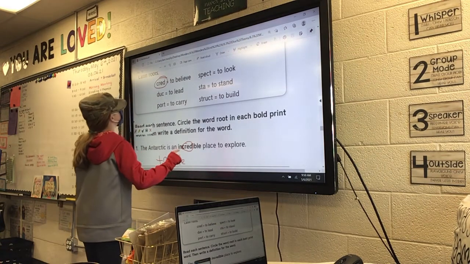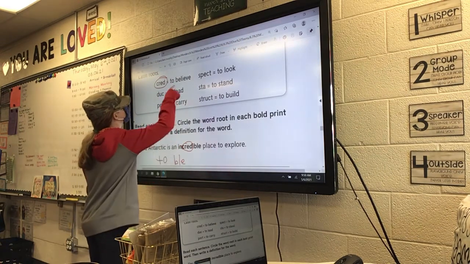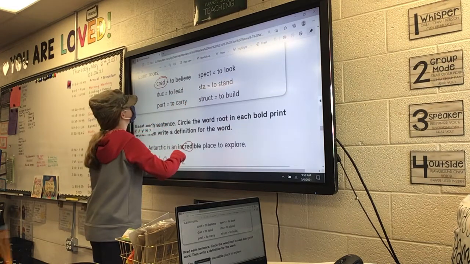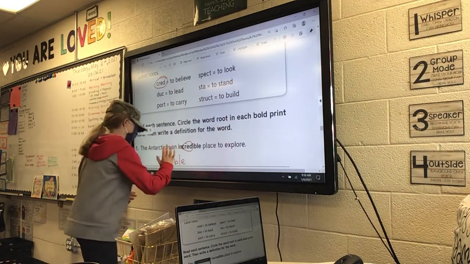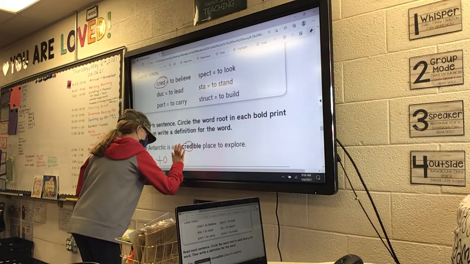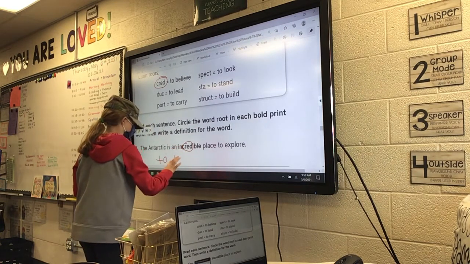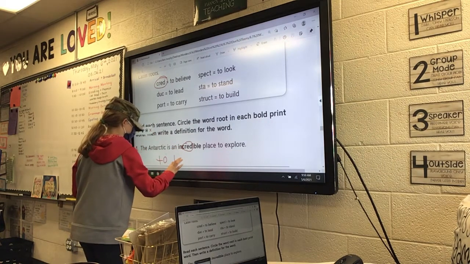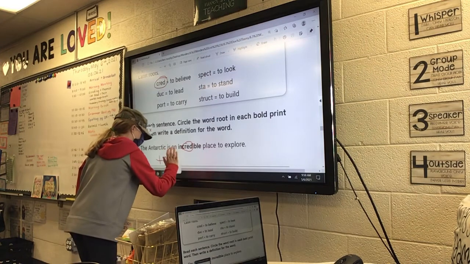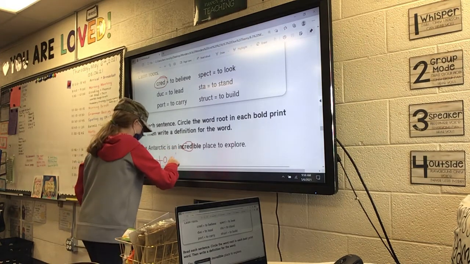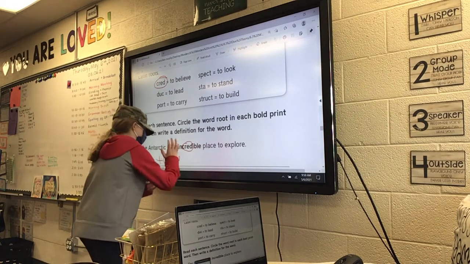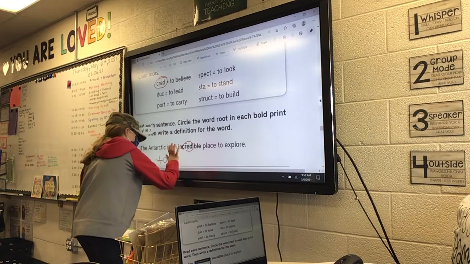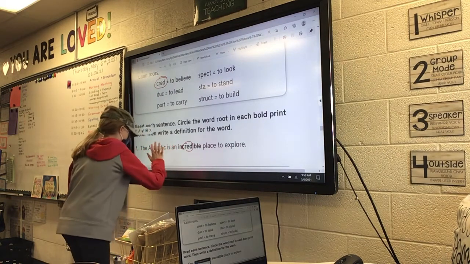Do you have to write both? You don't have to unless you don't want to. Thank you, Lila, for listening. All right, so make sure you write for sure to believe, but Addie is totally right. Incredible kind of means like amazing. That would be a synonym for the word.